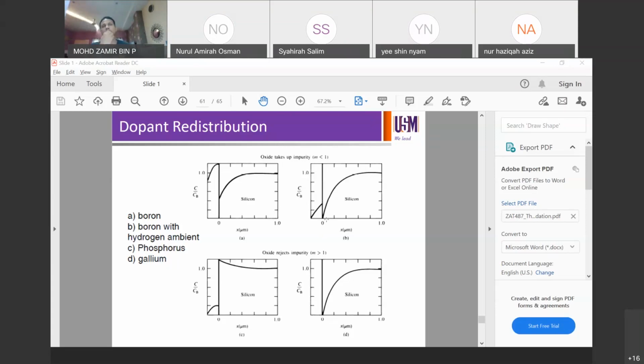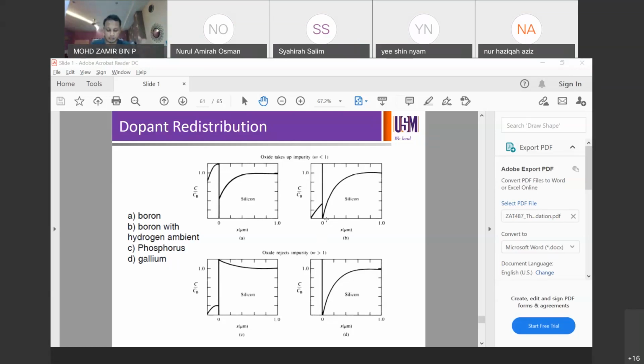Okay, so you're going to end up with more and more depletion of boron from the silicon. It's like sucking. You suck more and more boron from the silicon into oxide. So you're going to end up having more of boron in the oxide in comparison to silicon. The boron in the oxide now is more compared to boron in the oxide without hydrogen. So if there is no hydrogen, the diffusivity is not so great.